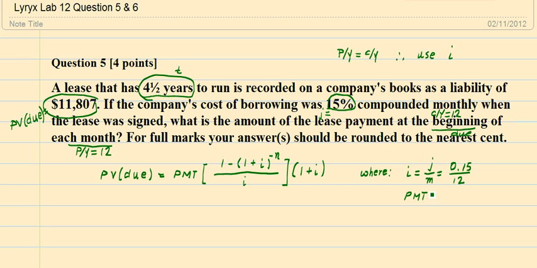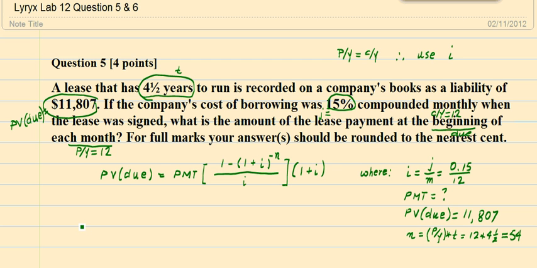Future value is 0, and PV due is equal to 11,807, and N is equal to P over Y, number of payments per year, times number of years. So in this case we have 12 payments per year times 4.5 years.